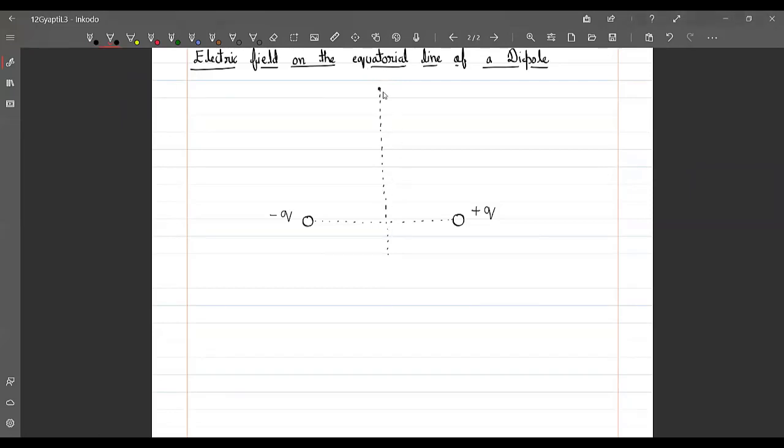So we'll take a point here on the equator. This gap is L, and this gap is L. I'll mark these points as A, B, the center is O, and this point as P.